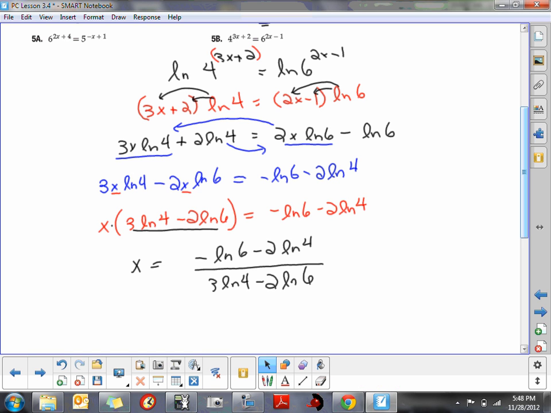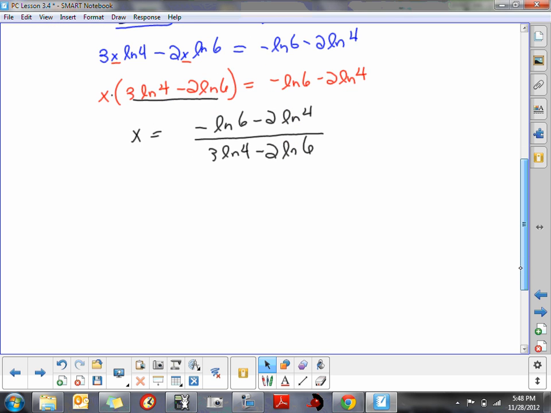Okay, and then I'll just follow through with what I did last time at the very end there. You can go ahead and calculate this as you have it, or if you want to, you can rewrite it, because I don't want that negative sticking out in front.